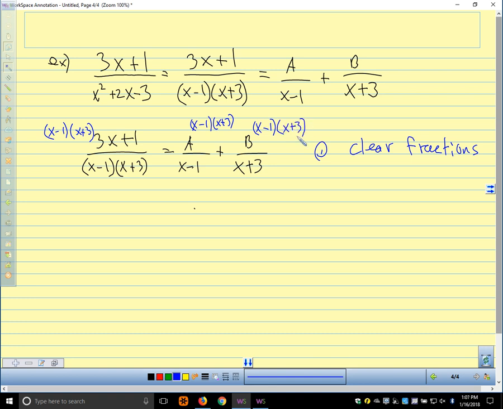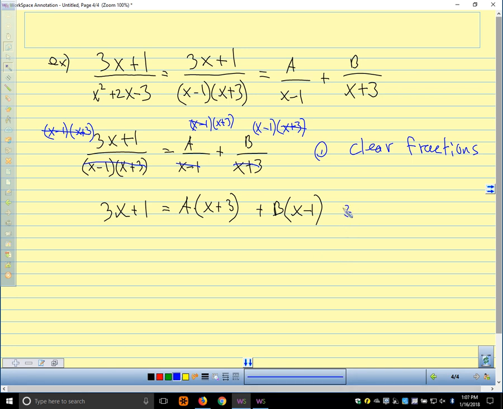So I'm multiplying everything by this common denominator. Well, these are going to cancel. This cancels here. This cancels with this. And this cancels with this. So I get on the left, 3x + 1 equals A times (x + 3) plus B times (x - 1). So that's what I get after I clear the fractions.